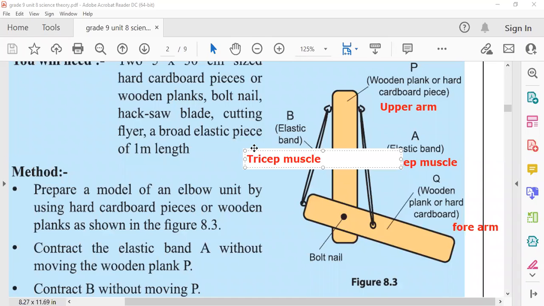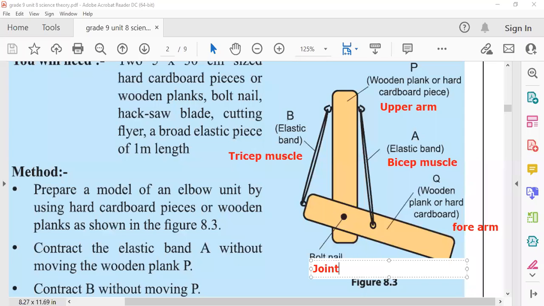This bolt nail is representing the joint. Are you clear? Yes, sir. Could you please mark down these details? Okay, sir.